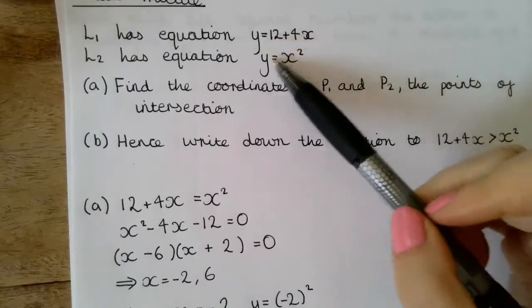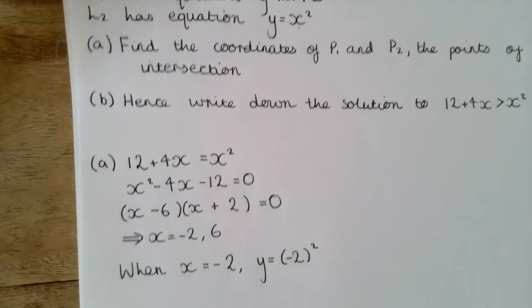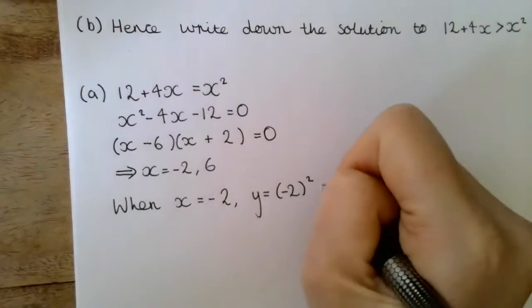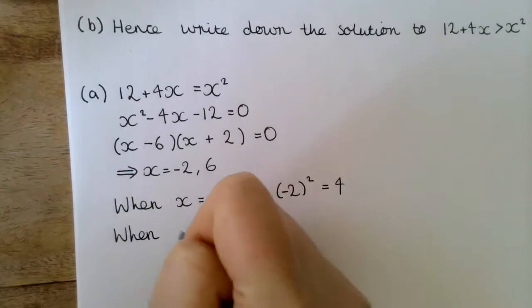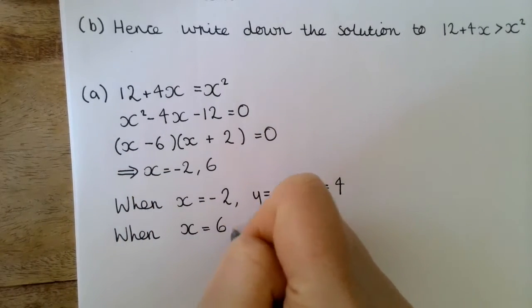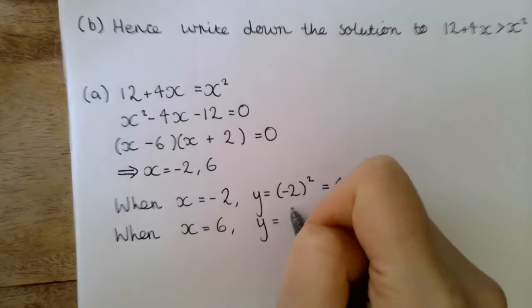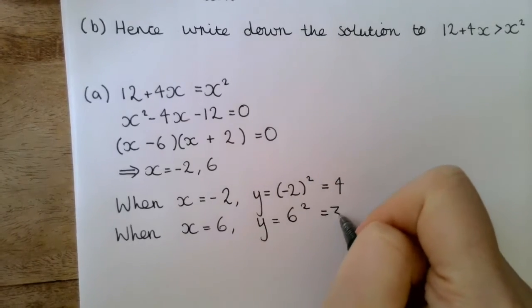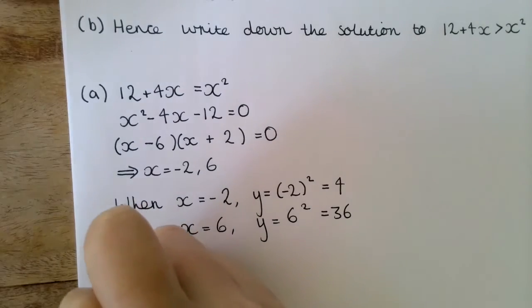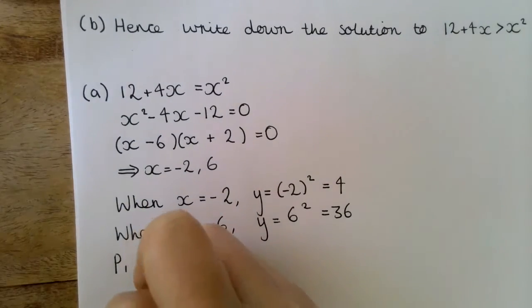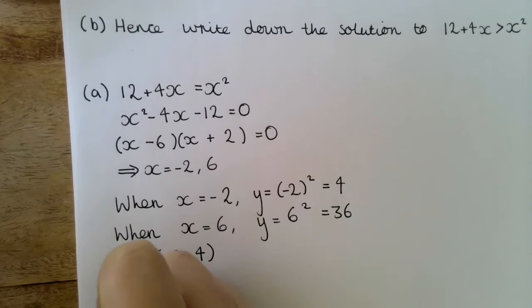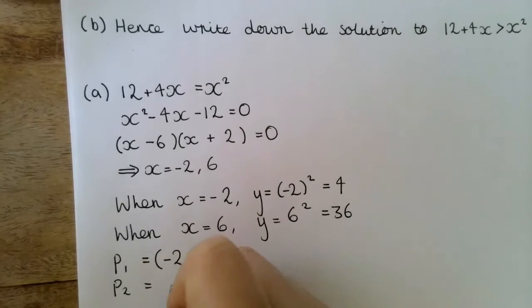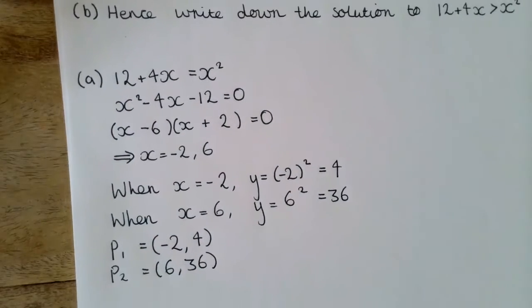Remember, we could substitute it into that top one as well, doesn't matter, which is equal to 4. When x equals 6, y equals 6 squared, which is 36. So my first set of coordinates is negative 2, 4, and my second set of coordinates is 6, 36. And that's my answer to part A.